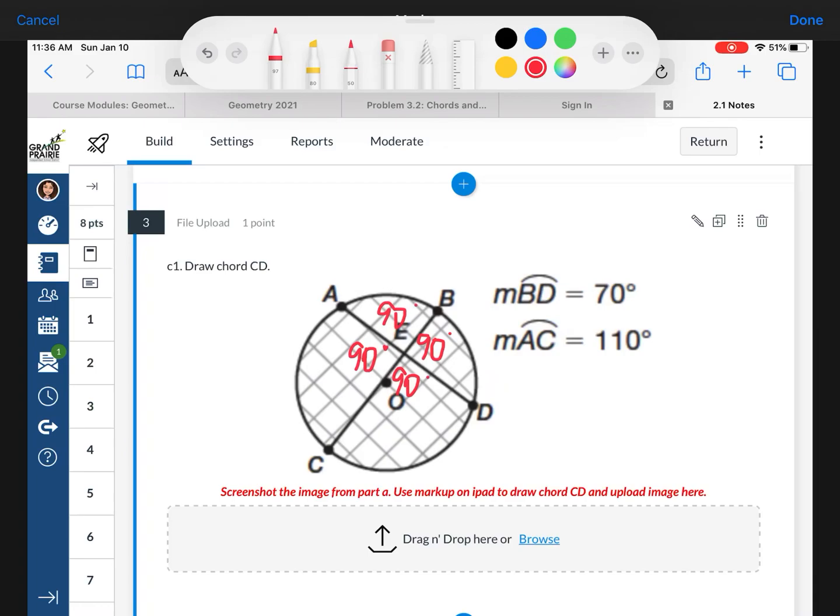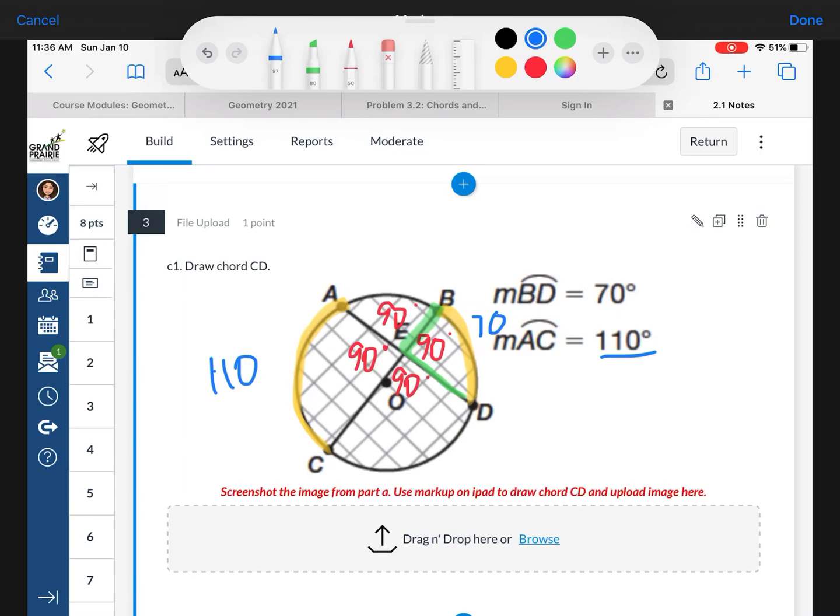Now look at this. This is what we came up with. It appears that the measures of these two arcs right across from this angle BED is equal to half of adding the two arcs separately. So let's try that. Remember, this one was 110, they said, and this is 70.